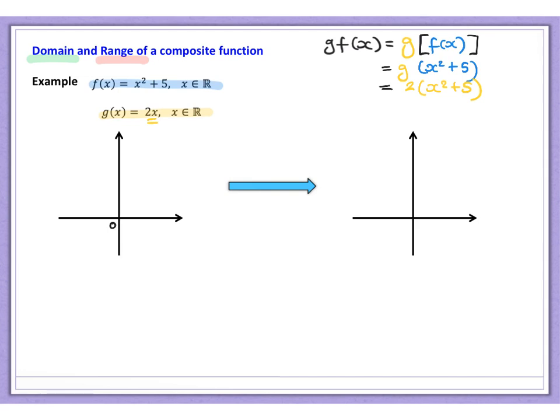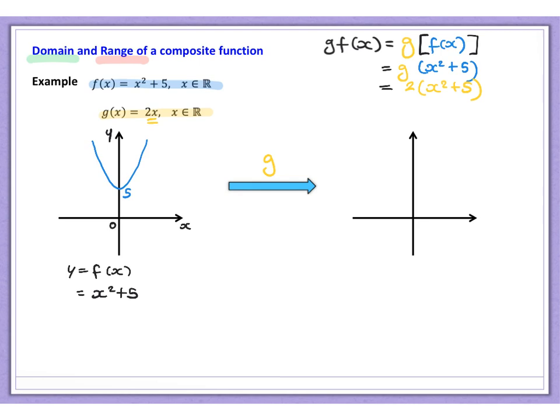So let's sketch the graph of y equals f of x, first of all, or x squared plus 5. This is a simple parabola. It crosses the y-axis at 0, 5. And we're then going to apply the function g to this. So the function g tells us we need to create a stretch in the y direction with a scale factor of 2.